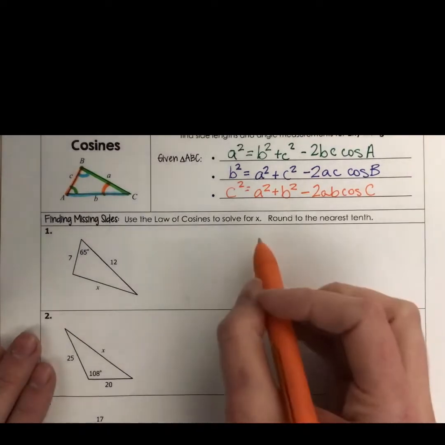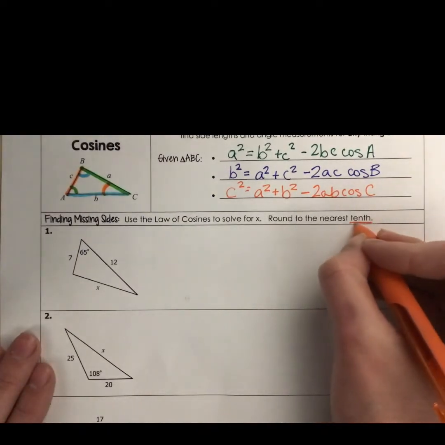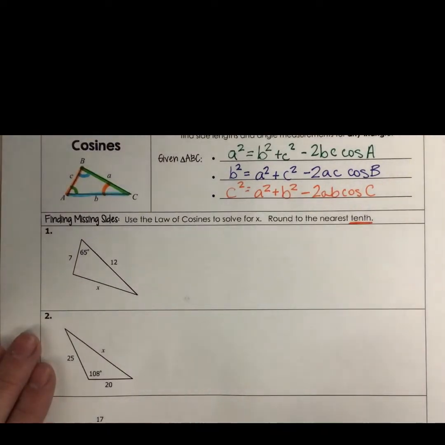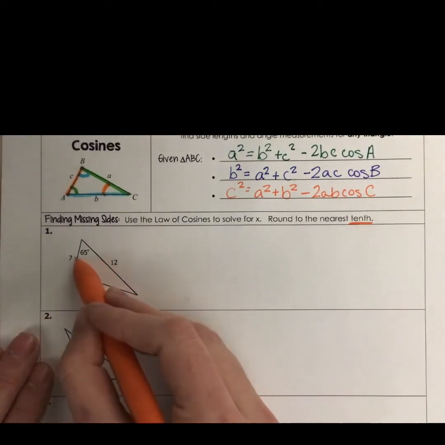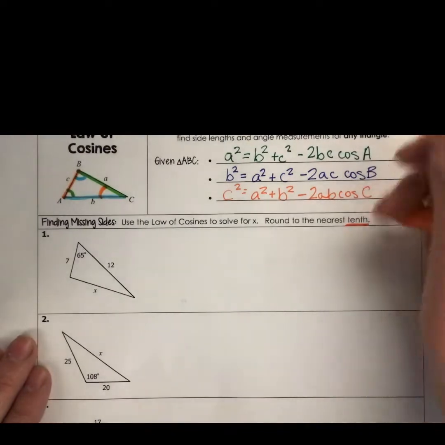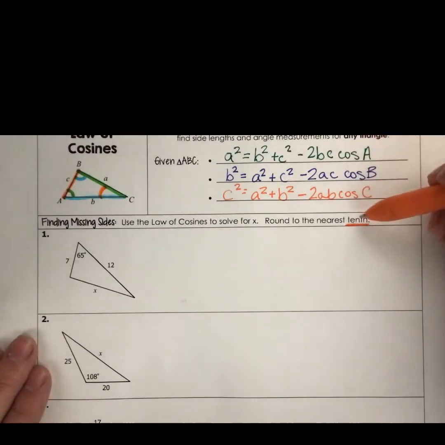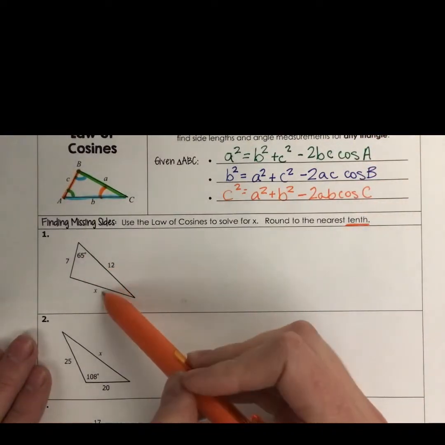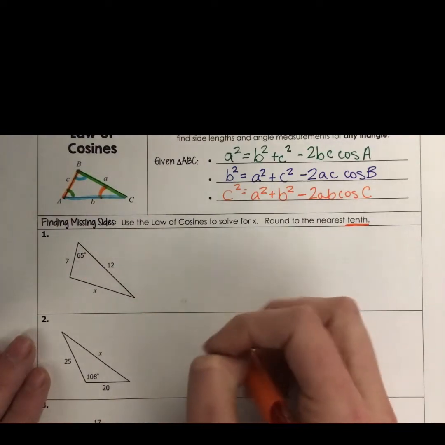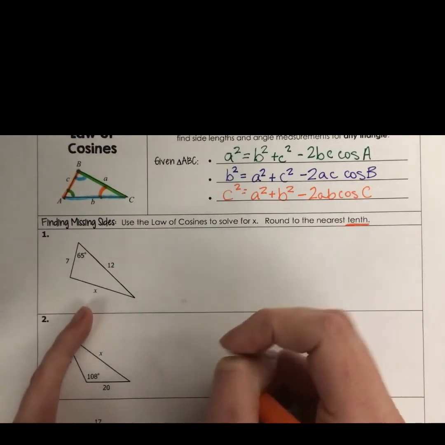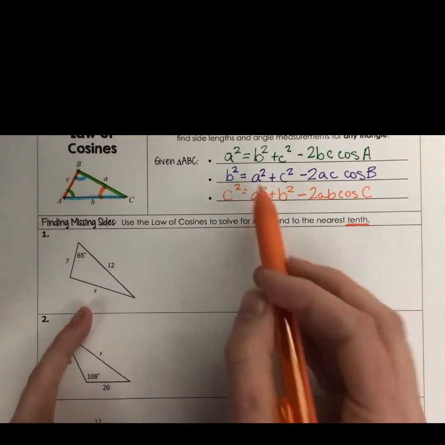We want to use the law of cosines and round to the nearest tenth. So I am given 7, 12, and the angle 65. Now it doesn't really matter which equation we use up here as long as I am keeping the sides and angles in check. So since we're trying to find a side, it doesn't really matter which equation we use.